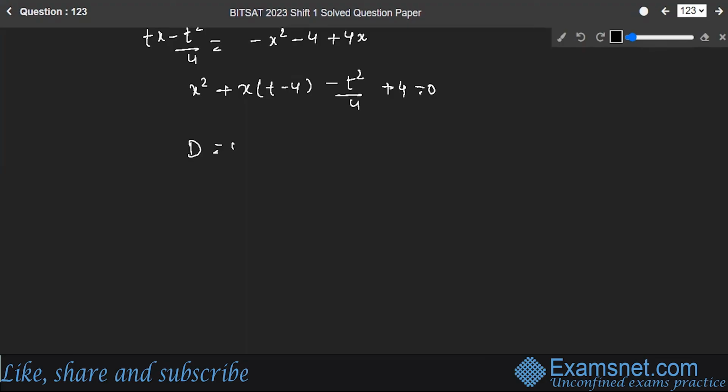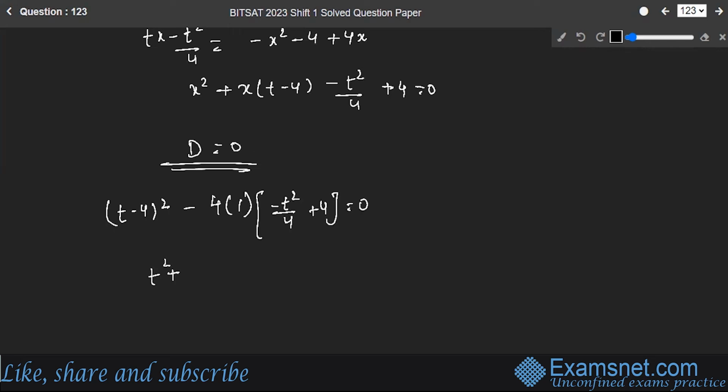Here the discriminant is equal to 0 according to the question, which gives you b square, which is this, minus 4ac is equal to 0. This is t square plus 16 minus 8t minus, let's open this up, and here you will have minus t square, and this is plus 16.